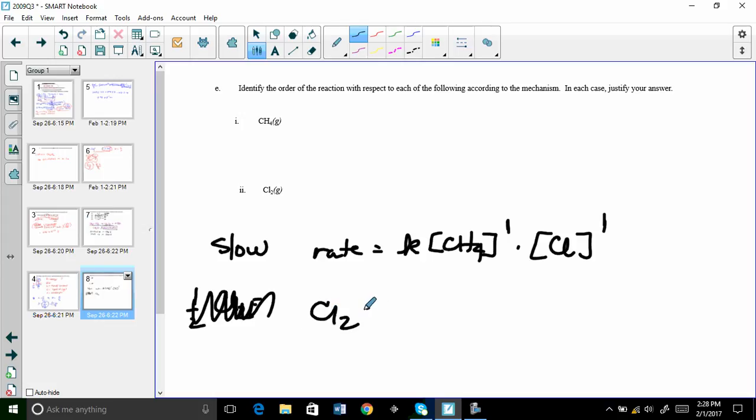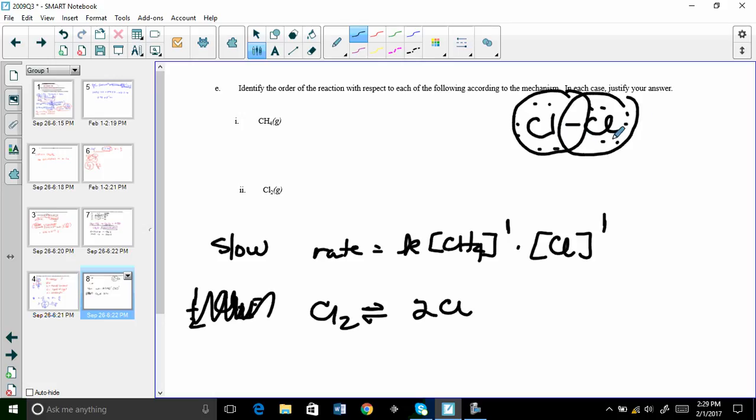Cl2 becomes 2Cl. Basically, what we're saying is if you have a bunch of chlorine molecules that are bound together with covalent bonds, remember the reason why they do that is then they can both have 8 electrons in their valence shell, and you snap this bond, for every 1 molecule of Cl2 you break, you're going to end up with 2 atoms. 1 Cl2 molecule makes 2 atoms.